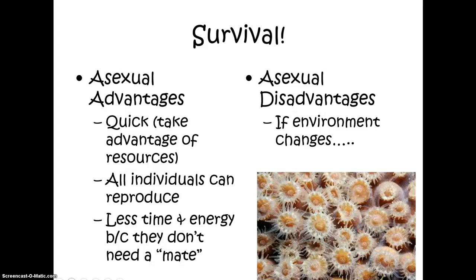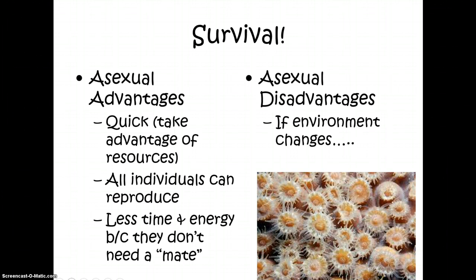Which means if you have, let's say, a really good year, lots of rain, and lots of vegetation available, then something that asexually reproduces is going to be able to take advantage of those resources quicker than something that goes through sexual reproduction. The early bird gets the worm. Whoever gets the resources first flourishes, the other starves and dies. So it's quick, and it can respond very quickly to that.